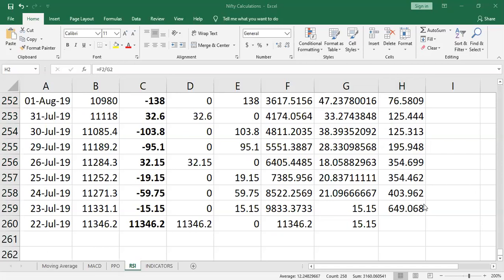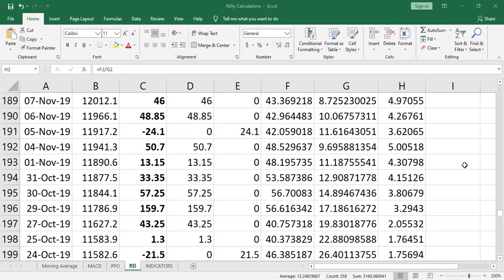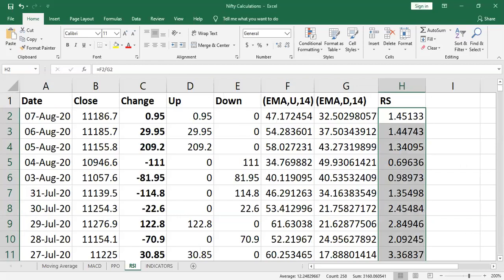But we want this number between 0 and 100. So simply we take 100 minus 100 divided by 1 plus RS. Let's do it.